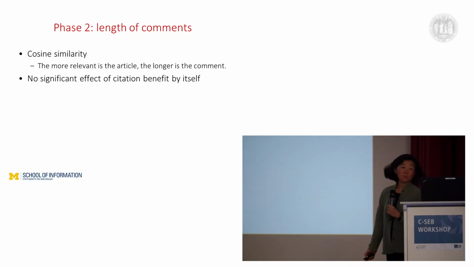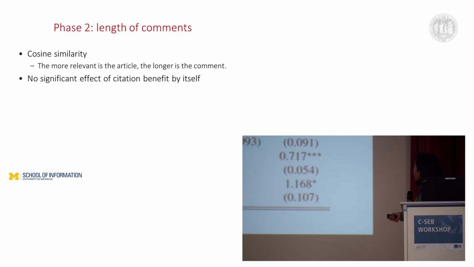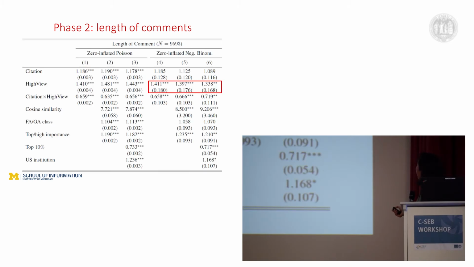So this is a summary for phase 2. The more relevant the article is to the expert's paper, the longer the comment. There's no significant effect of citation by itself, but the high view condition, the number of views, gets more comments.